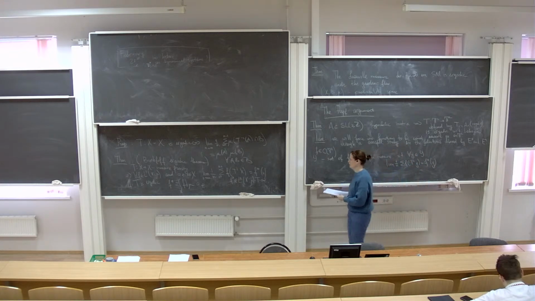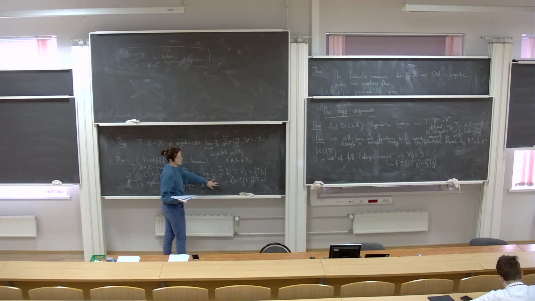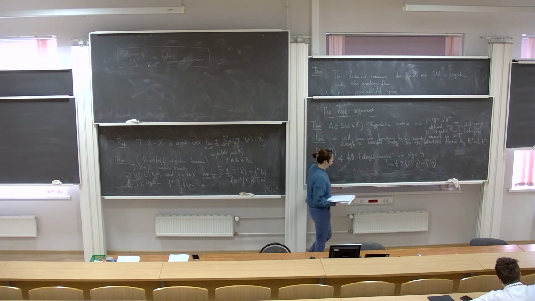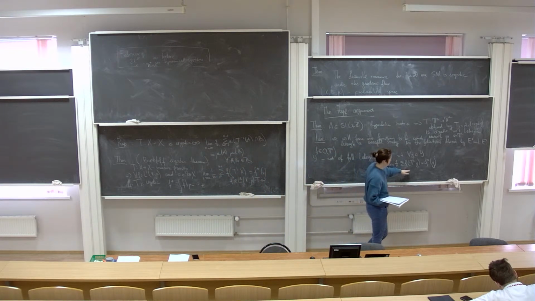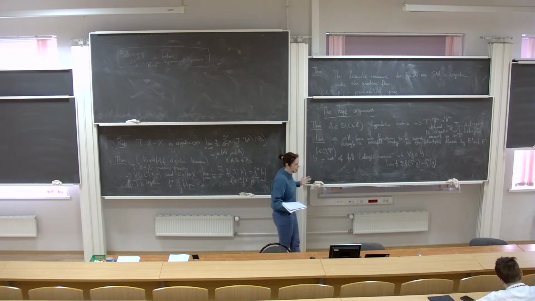So here we said that for almost all x we have such a limit. So now we consider the set of points for which indeed this statement holds. So it's a set of full measure, but it's not necessarily any point.